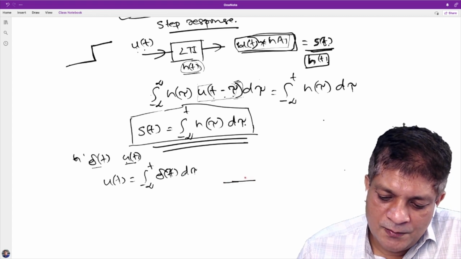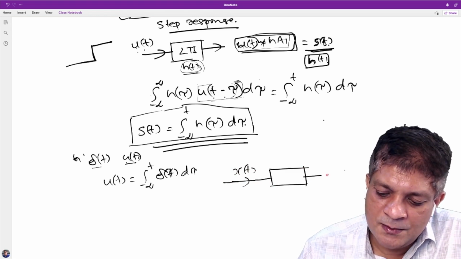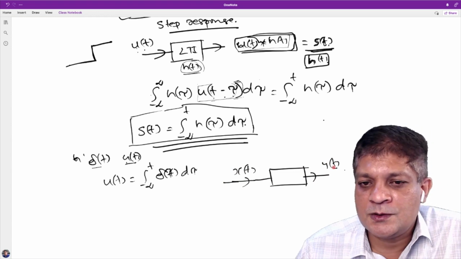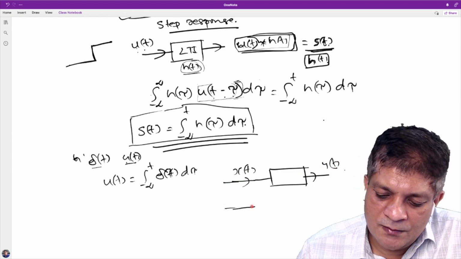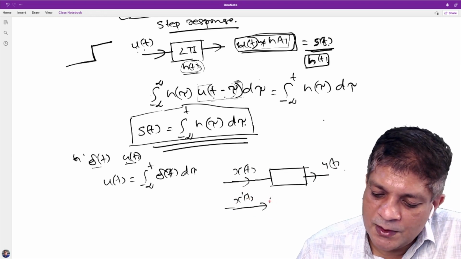In Tuesday's class we discussed an important property. If you give x(t) to an LTI system and get y(t) as the output, and you give x dash(t) as the input, what will be the output?